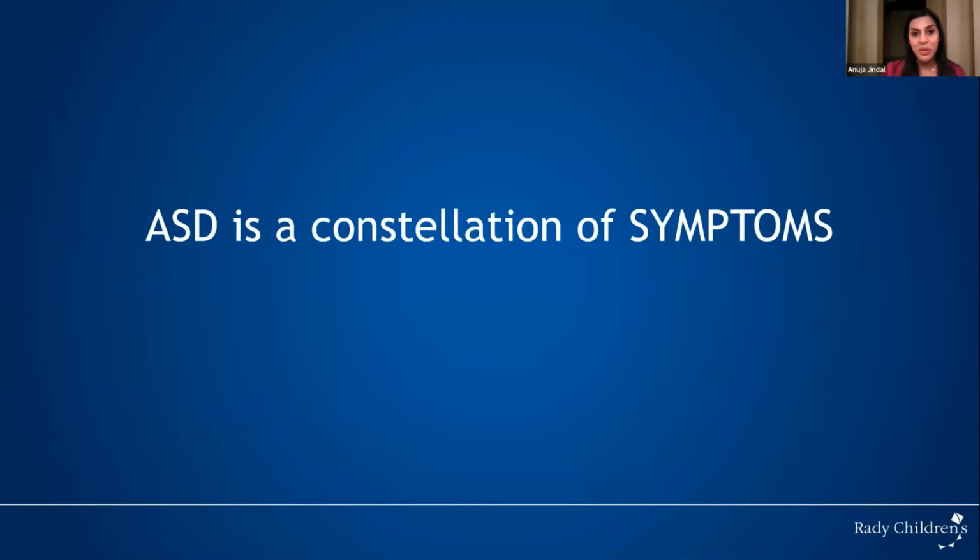This is part of the reason why autism is considered a spectrum disorder, and why you can have children that present very differently at different points in their lives. There's a phrase that's been uttered in many communities associated with autism: if you've met one child with autism, you've only met one child with autism.